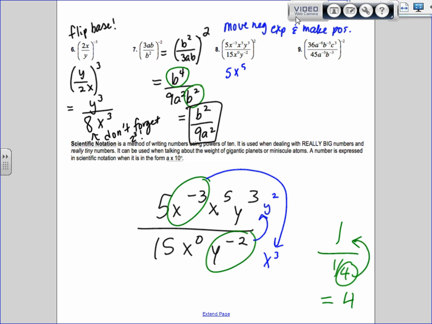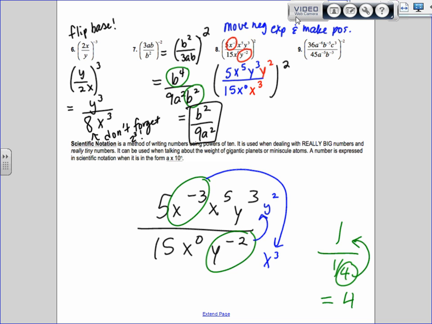I'm still going to have my x to the 5th and my y cubed. I'm still going to have the 15 x to the 0. But anything that was negative before now moves. So I had x to the negative 3, so that's going to be x to the 3 on the bottom. And I had y to the negative 2, and that's going to be y squared on top. They move locations. If it was on the bottom, it's now on the top. If it was on the top, it's now on the bottom. And it's still all going to be raised to the 2, like before.